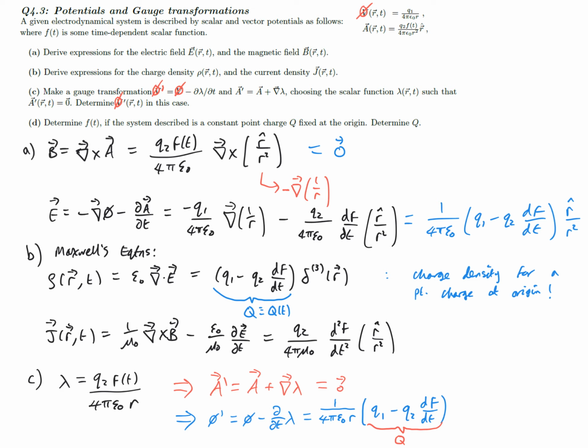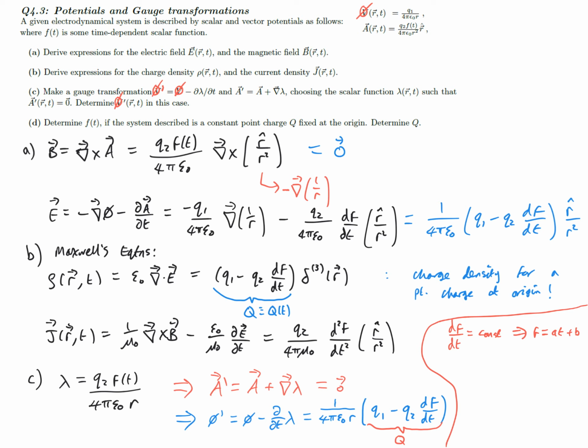Part D of the question says, determine f of t if the system described is to be a constant point charge q, fixed at the origin, and therefore determine q. So if it's constant, that means the function df by dt must be equal to a constant, and therefore f must be something like at plus b. So let me just summarize that in this bottom right-hand corner of the page here. df by dt is constant because we want the point charge to have no time dependence, so we want df by dt to be constant, and therefore f must be something like at plus b, so that when we take the time derivative we get a constant.